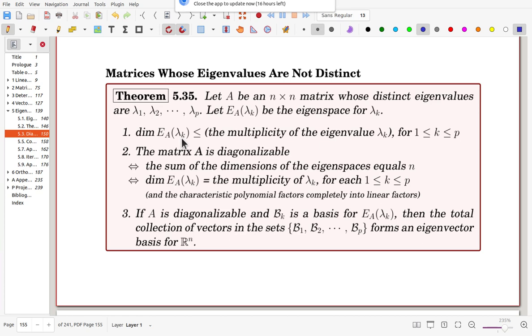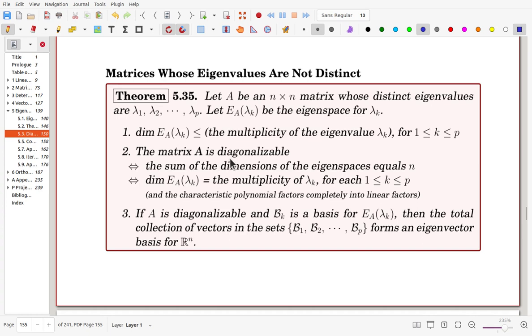Earlier, when we solved examples, we found that for an eigenvalue of multiplicity 2, we could find only one single eigenvector. So the number of linearly independent eigenvectors cannot be larger than the multiplicity.